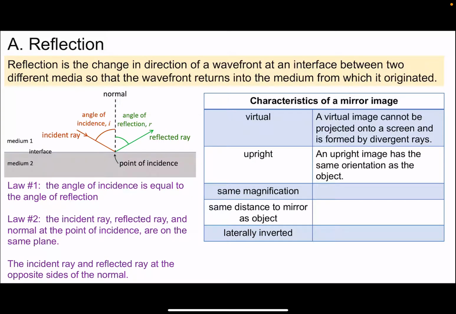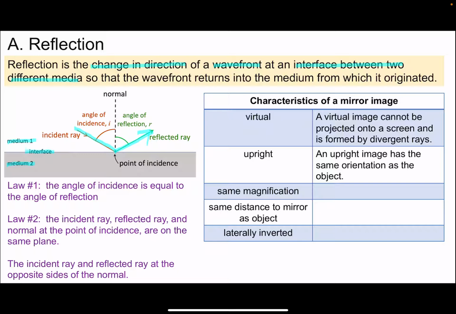Let's look at reflection. Reflection refers to the change in direction of a wavefront at an interface between two different media. So here we have medium 1 and medium 2 and the interface between medium 1 and medium 2. We have an incident light ray reaching the interface, and this light ray reflects and returns back into medium 1 from where it originated.